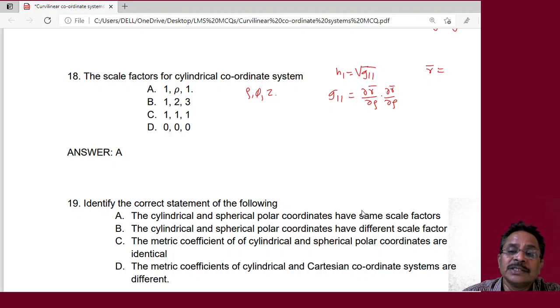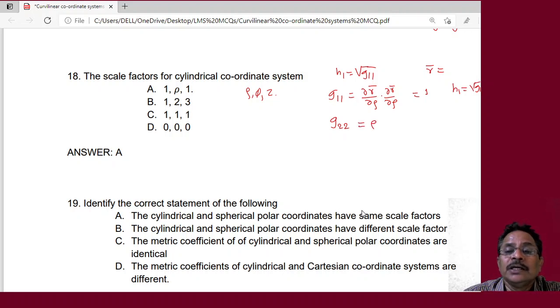And when we go for all these calculations, first g11 comes to be simply 1, and therefore h1 is the square root of g11, which is equal to 1. If I go for another calculation, g22, since it is an orthogonal coordinate system, only the diagonal terms will appear.